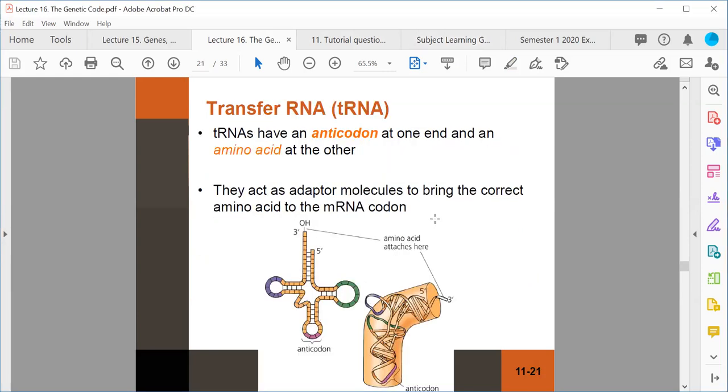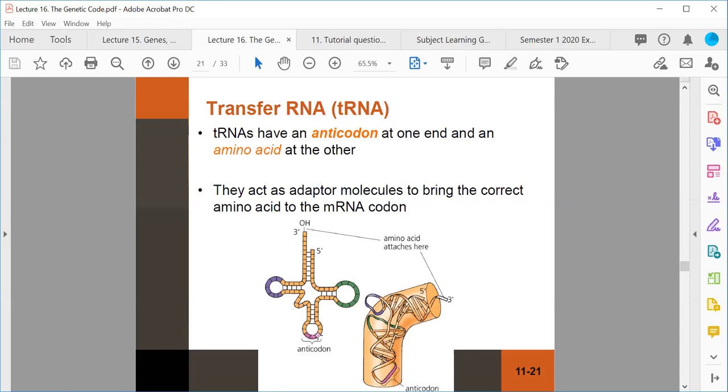All right, so let's look at transfer RNA molecules, which are encoded by transfer RNA genes. Transfer RNA molecules have an anticodon at one end. So here's a transfer RNA molecule. Always reminds me of a clover leaf.